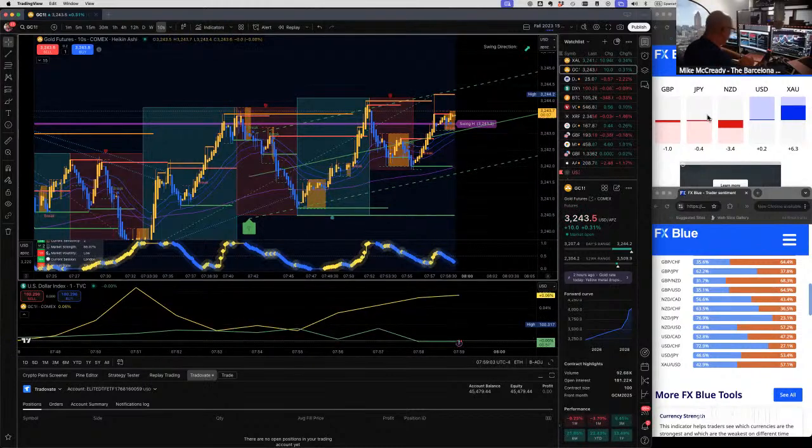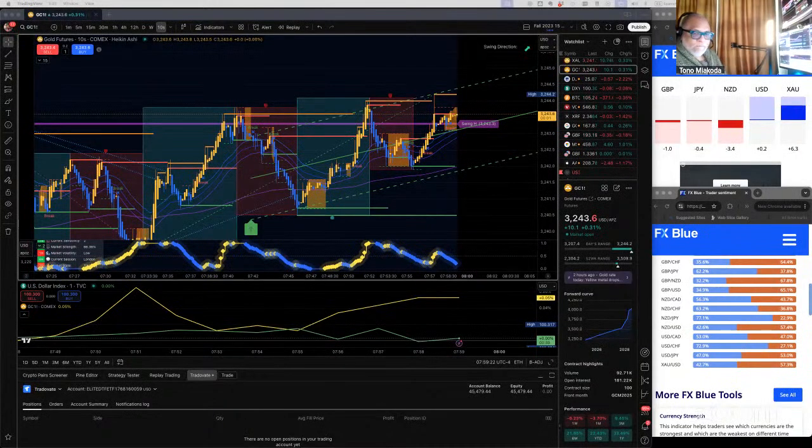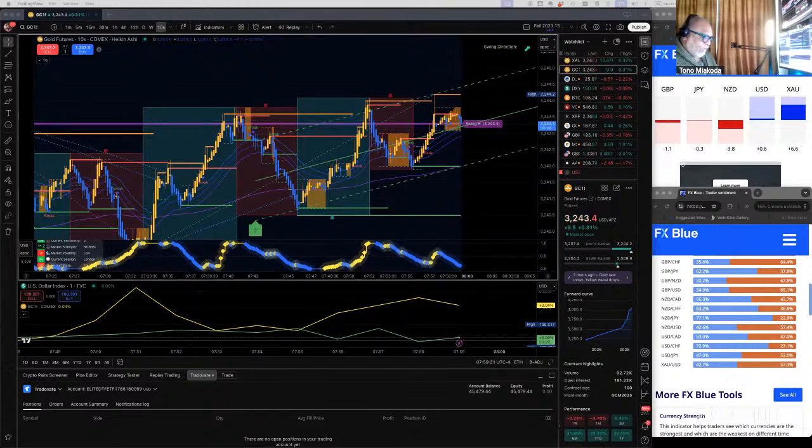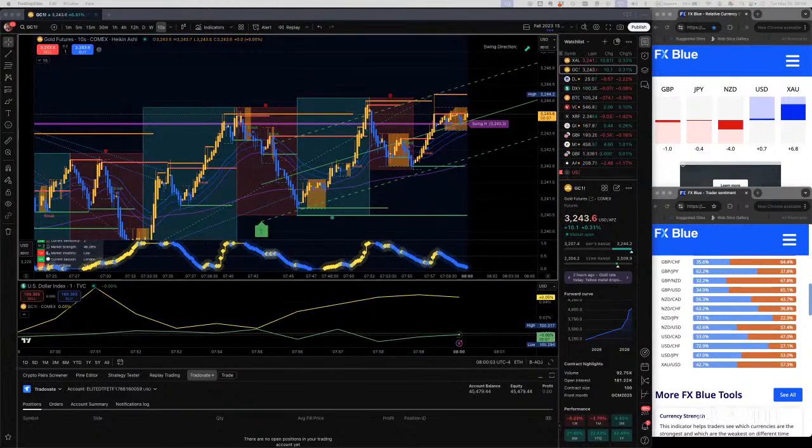All right, 1 minute for 8 o'clock, the hourly candle. Yeah, there it is.